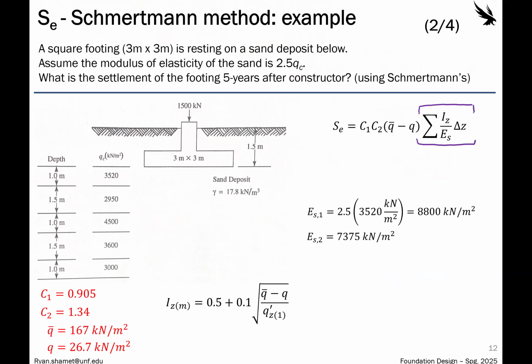So we have our different layers: 1 layer, 2 layer, 3 layer, 4 layer, and 5 layer. We know that this is a square footing, so we first need to find our max influence.